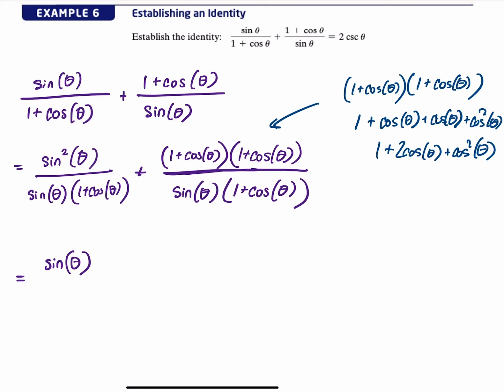So let's combine our fractions. We have, it should have been sine squared, plus what we just came up with, 1 plus 2 cosine of theta plus cosine squared.